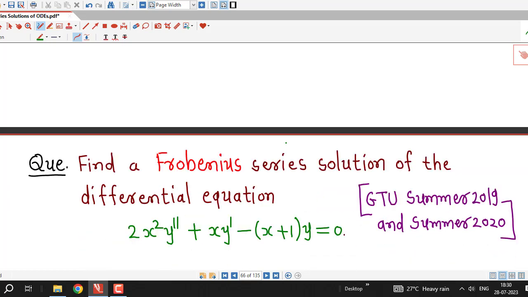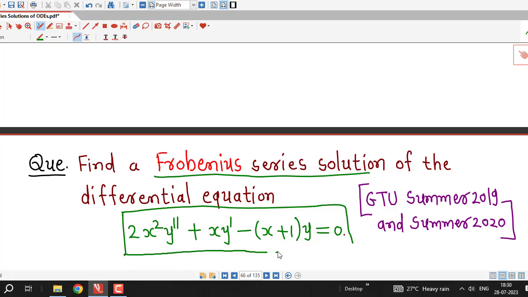So I have taken this differential equation, and here you are asked to find a Frobenius series solution of the differential equation 2x square y double dash plus x y dash minus (x plus 1) y equal to 0. This question was asked 2 times in GTU Summer 2019 as well as Summer 2020, and they have not specified about which point we have to find the Frobenius solution.